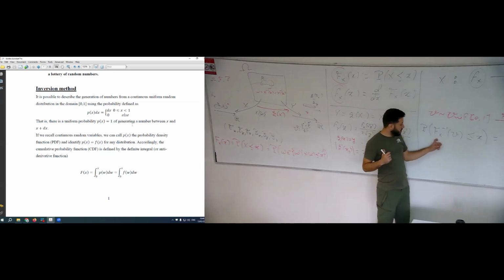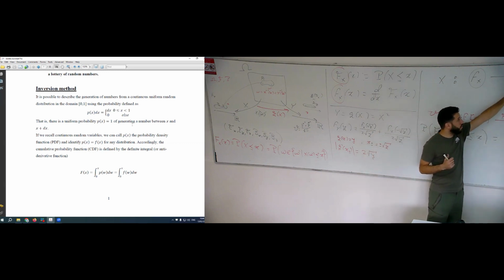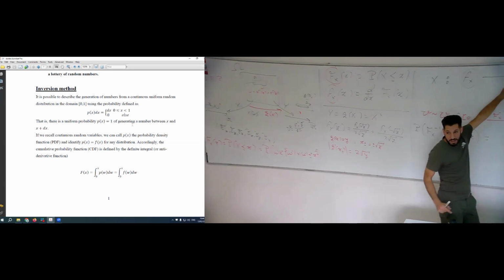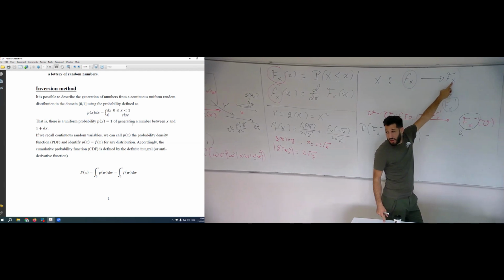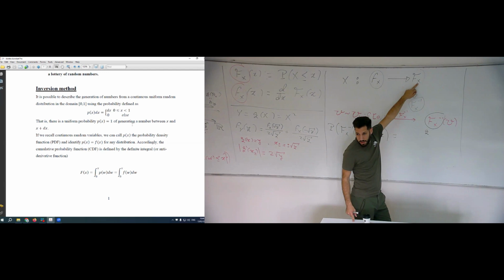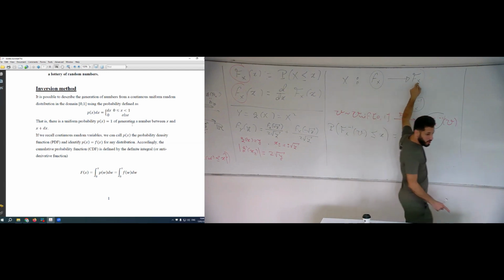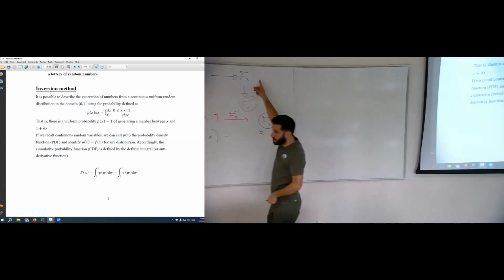So suppose that X is continuous, and I know that this function, if it's invertible, Fx is monotonic and increasing. That's why it's invertible.